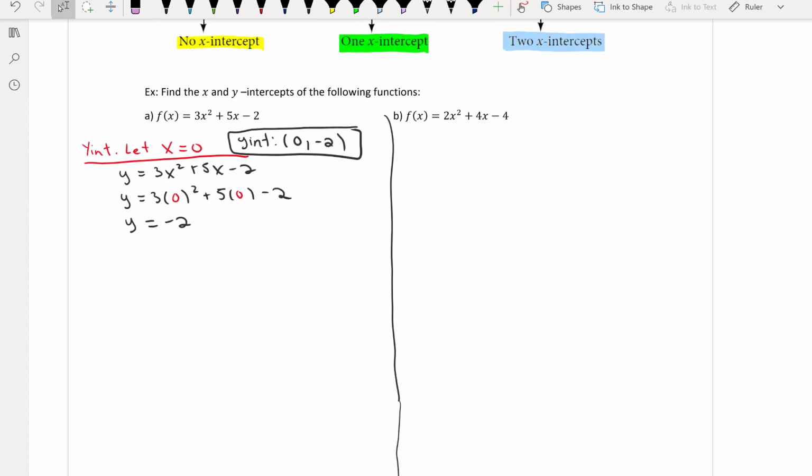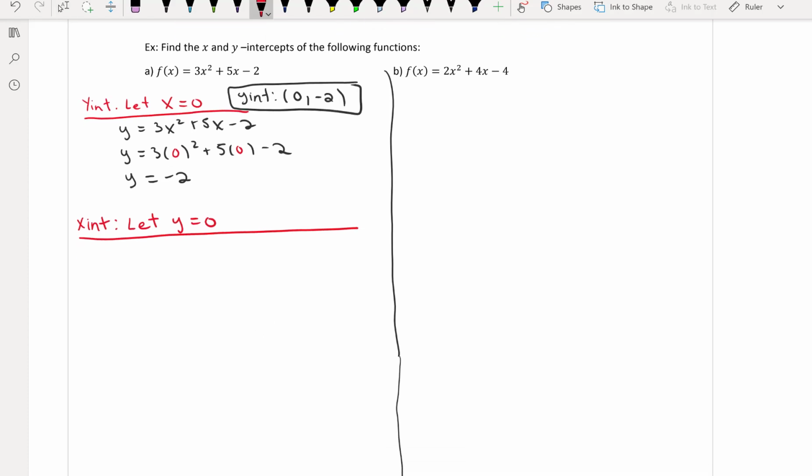Now for the second part, I want to find my x-intercepts. That means I'm going to let my y equal to 0. So now I have 0 is equal to 3x squared plus 5x minus 2.